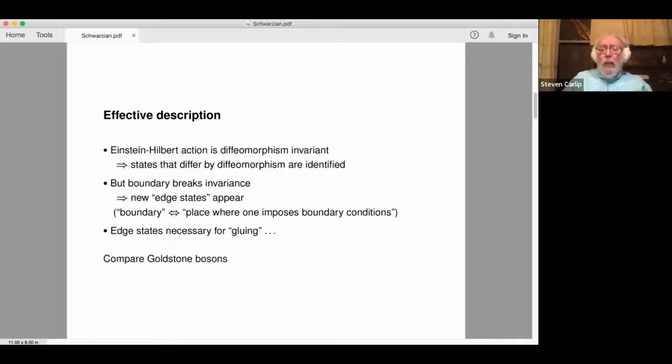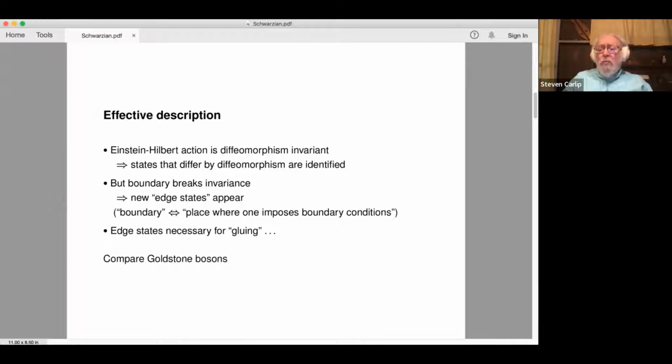But if you have a boundary, then typically boundary conditions are going to break this invariance. For example, if you have a fixed boundary, diffeomorphisms that are transverse to the boundary, that move the boundary, will change the boundary conditions.